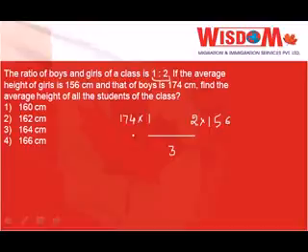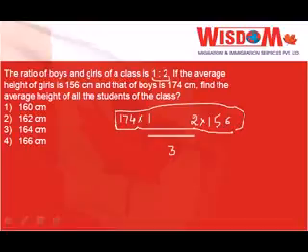This here is the sum of height of boys, and this portion here gives me the sum of the class for every 3 students. So if I add it, that gives me the total sum of the class for 3 students. So dividing it by 3, I would get my average, right? So let me go ahead and calculate that for you.